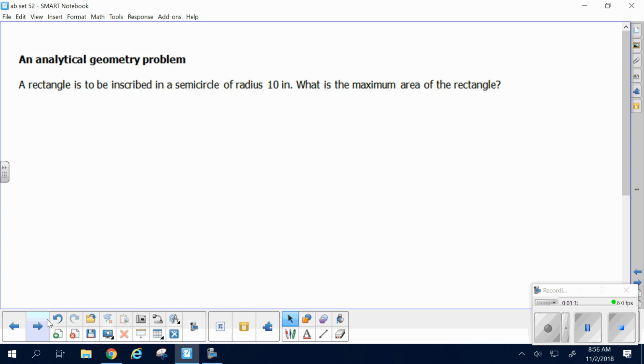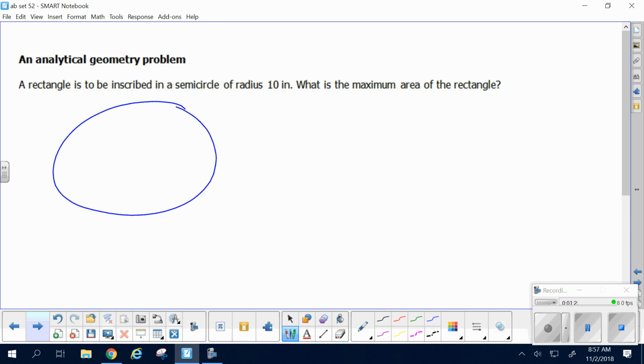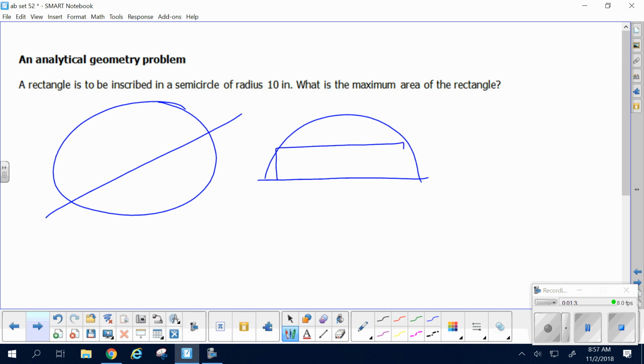Now, anyway, in analytical geometry, or more like just the coordinate plane kind of equation, a rectangle is to be inscribed in a circle of radius 10. Now, surely I could make this a pure geometry problem and just have some kind of floating semicircle and floating rectangle.